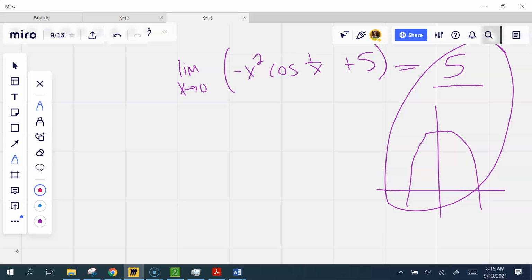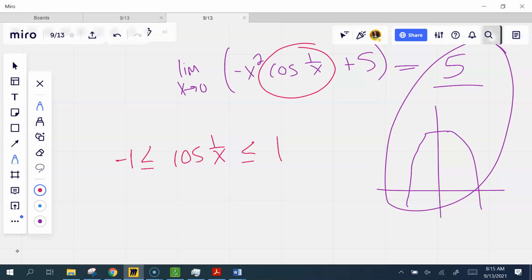So the first thing I take is something that I know, which is the cosine of 1 over x. It's always going to oscillate between what and what? Negative 1 and 1. Every single time it's going to go between negative 1 and 1, because regardless of the reciprocal inside, the cosine function itself is never going to go beyond that.